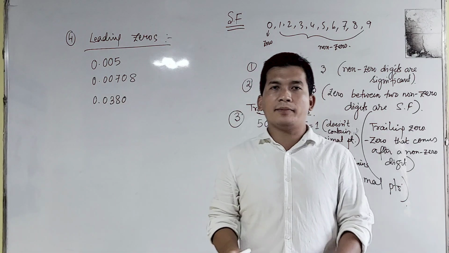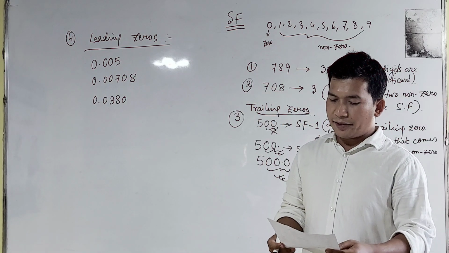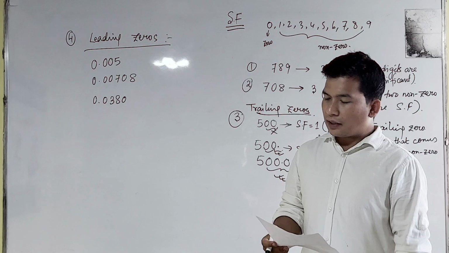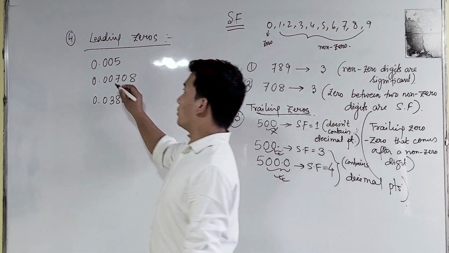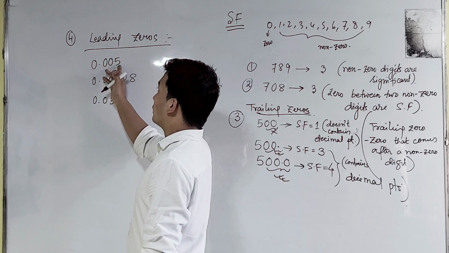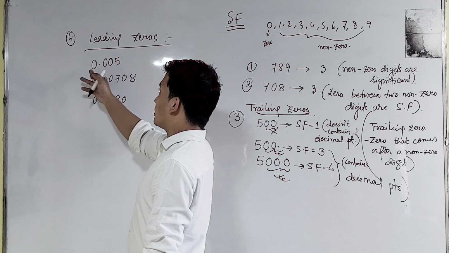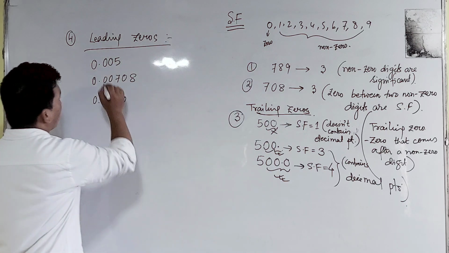These zeros that come before a non-zero digit are leading zeros. And how many trailing zeros are here?